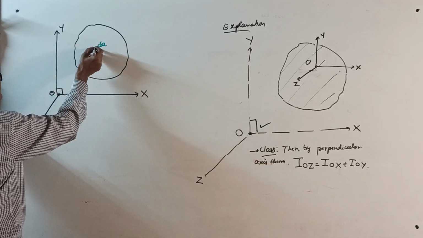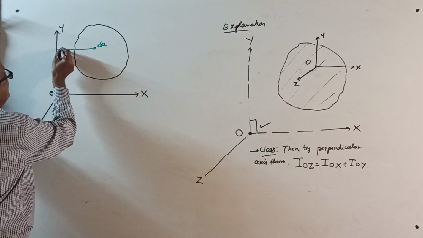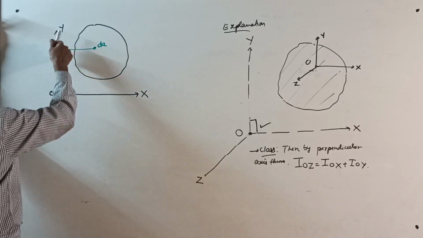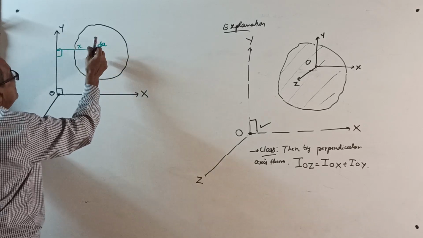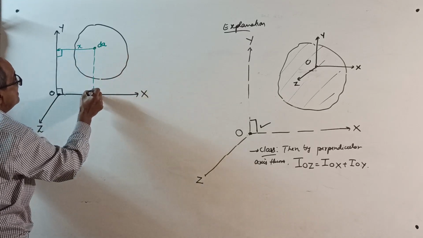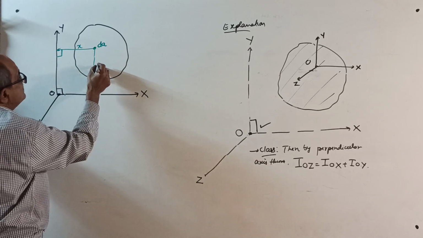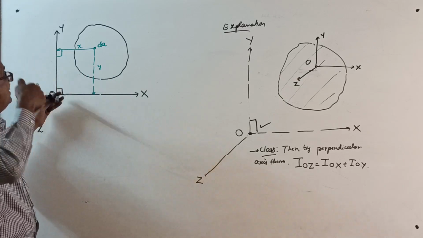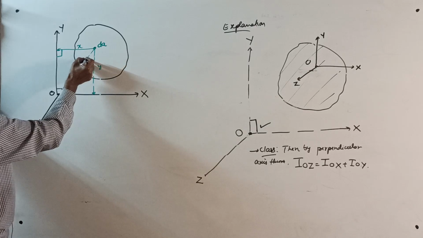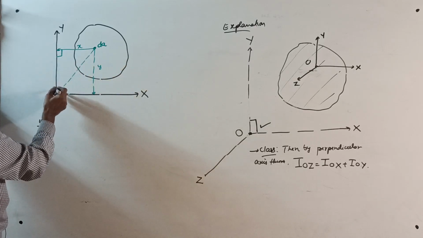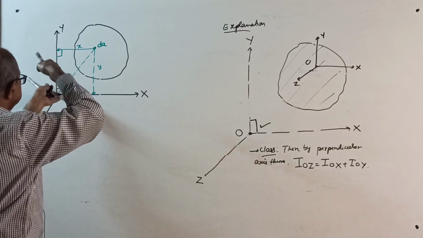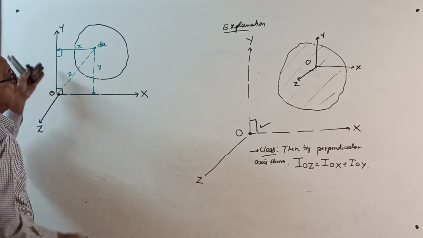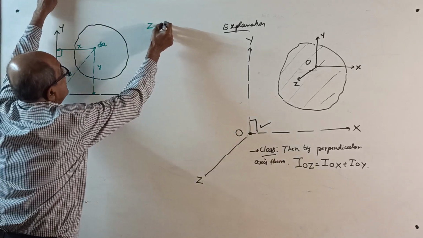Let the perpendicular distance from dA to the OY axis be X, and the perpendicular distance from dA to the OX axis be Y. Also, OZ is here, and from here the perpendicular distance is Z. Remember that Z is radial.